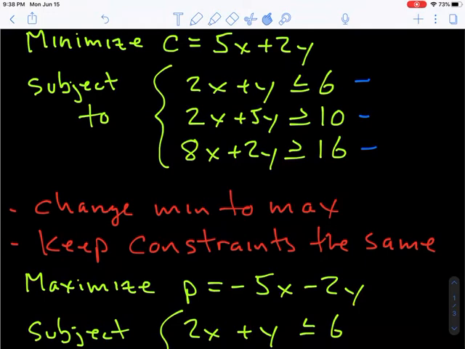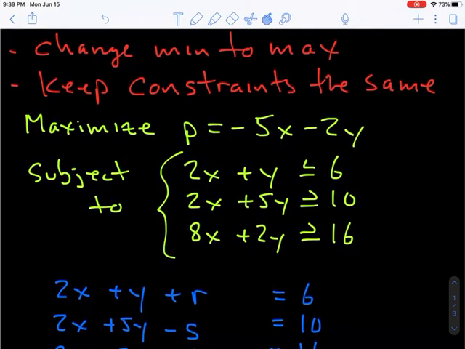So all we do is we change the sign of the terms on the right-hand side of the objective function, and of course change the c to a p to represent the fact that we are maximizing. The constraints, as I already said, stay exactly the same. So now we have a non-standard maximization problem, which we already learned how to solve.